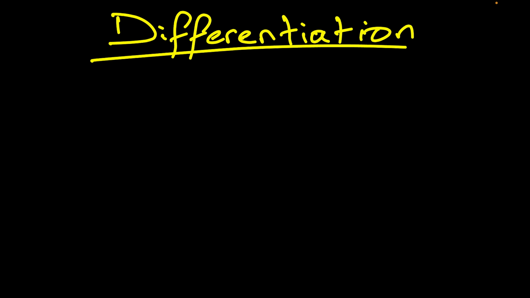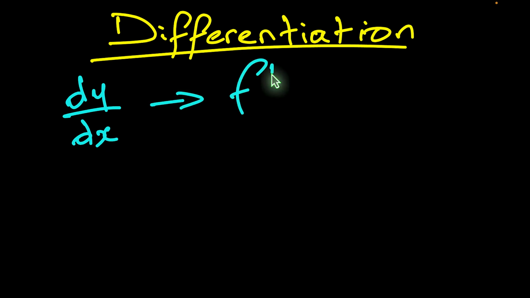Now, you will often see this notation that says dy over dx when you come across differentiation, and you can also see this other variation of it, f prime of x. Both of them mean the same thing, but for now I'm going to just zoom in on dy dx.